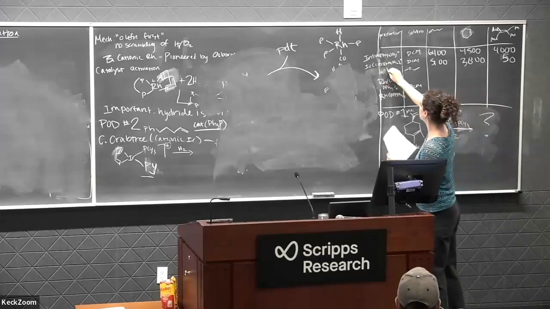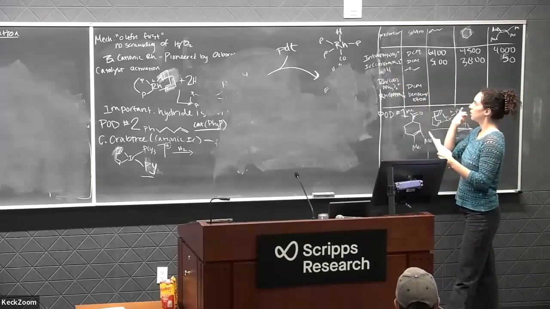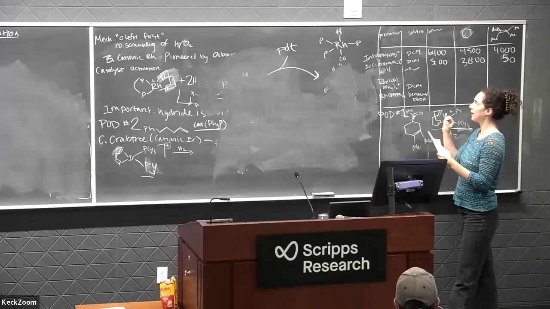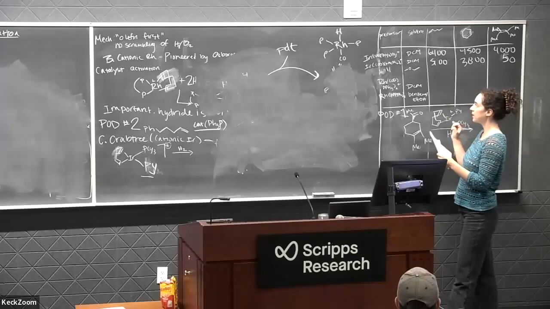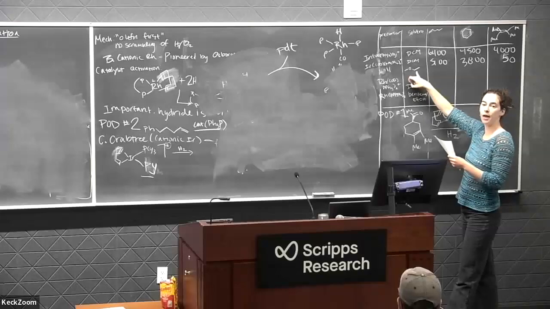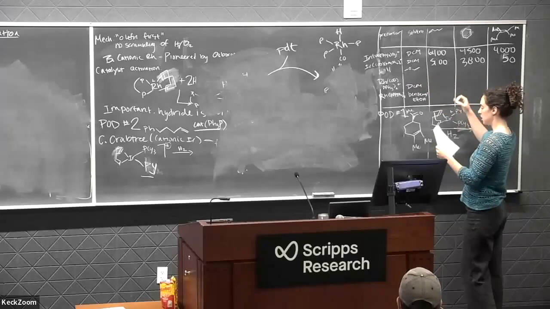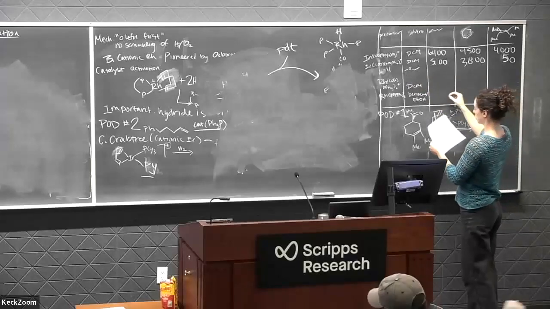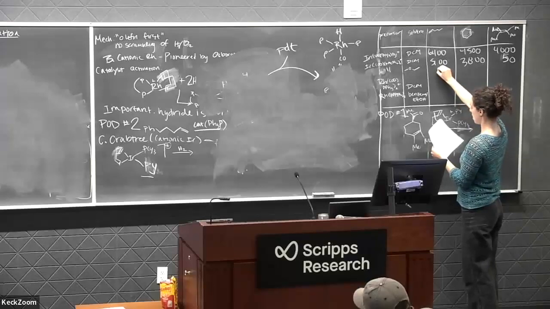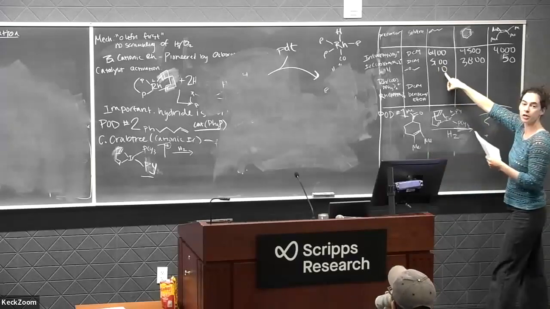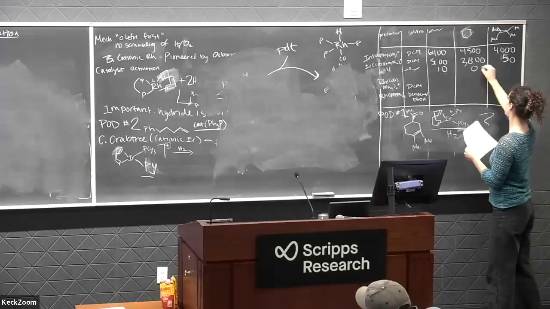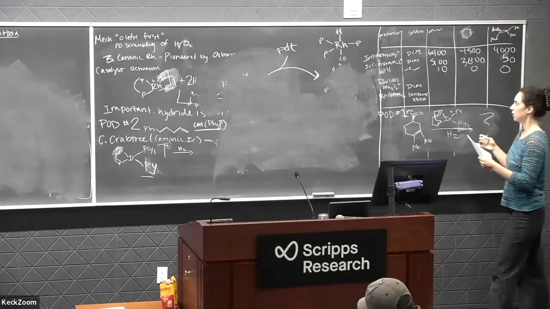And then using the COD diphosphine cationic iridium, but in the presence of a coordinating solvent, reactivity is pretty much completely shut down. So we only get 10 turnovers and 0 turnovers for the other 2.